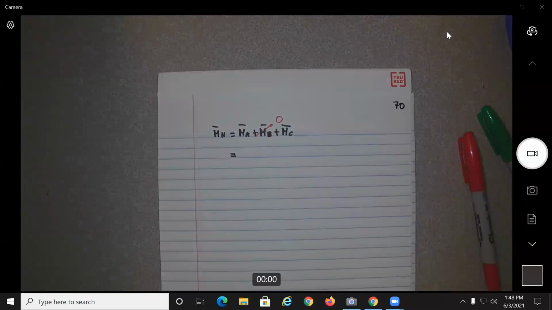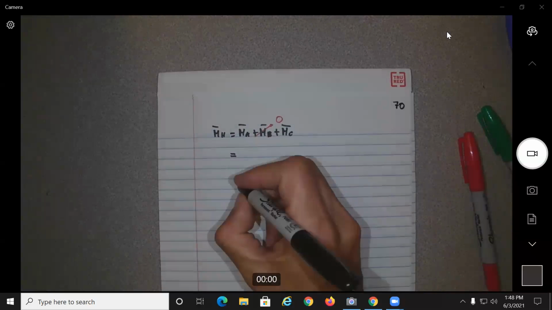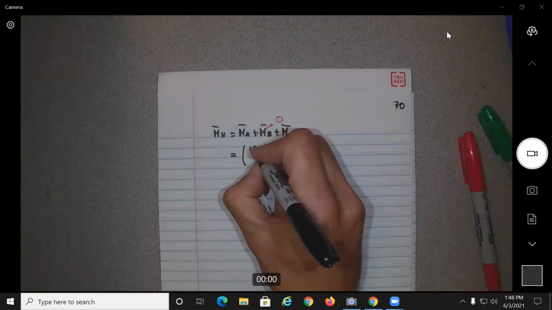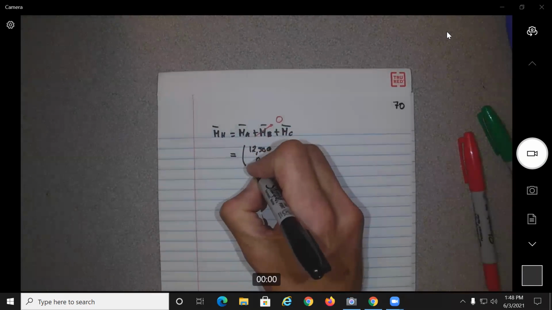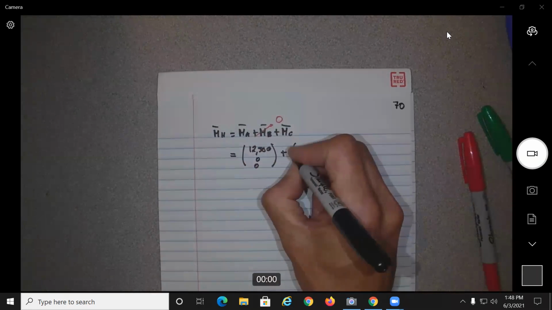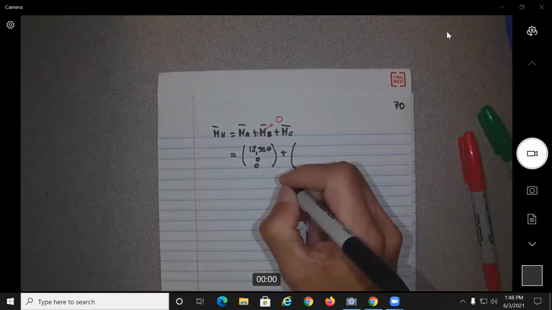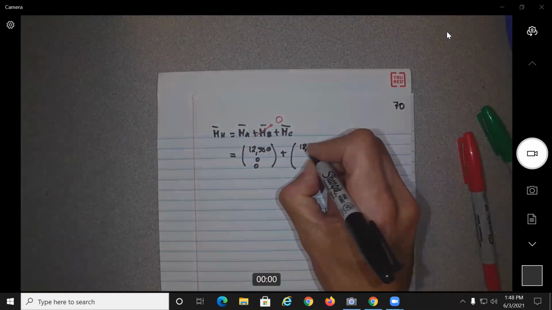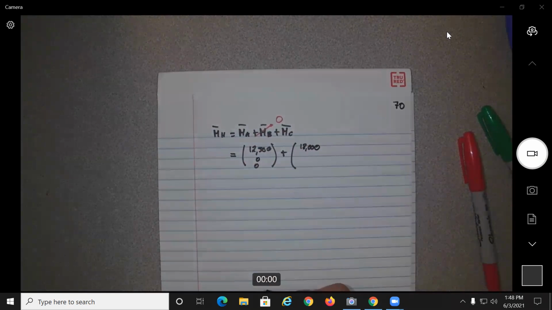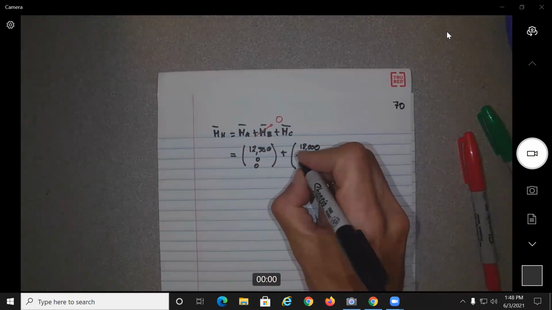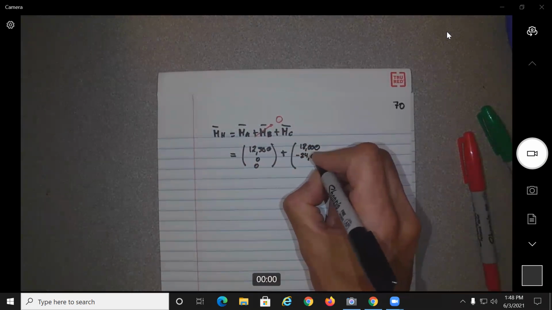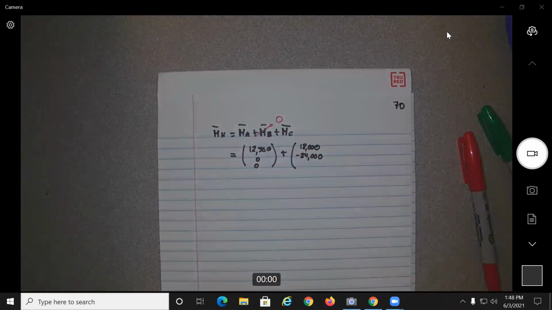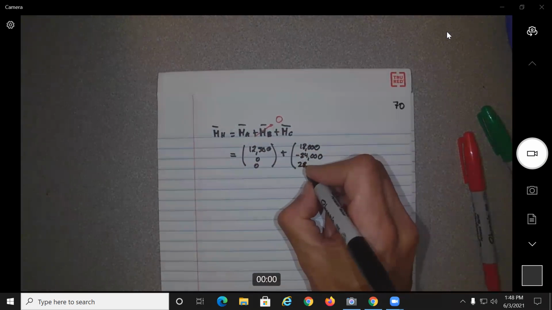So we have m sub A was equal to 12,500 plus m of C 18,000 minus 24,000 and 28,800.